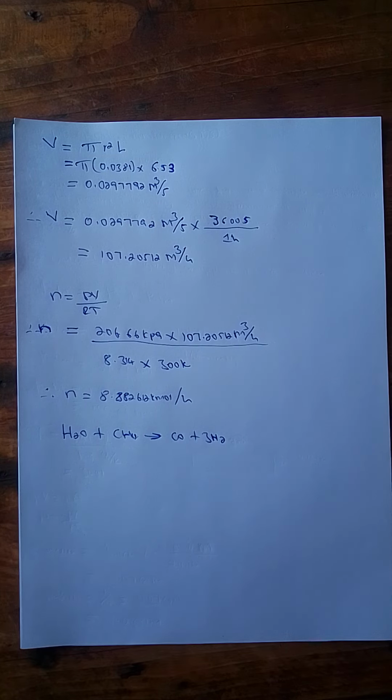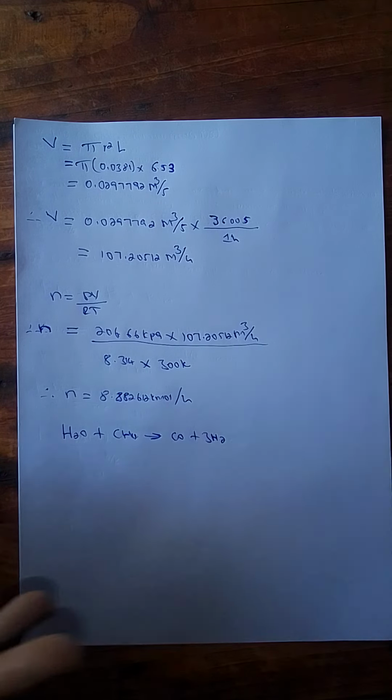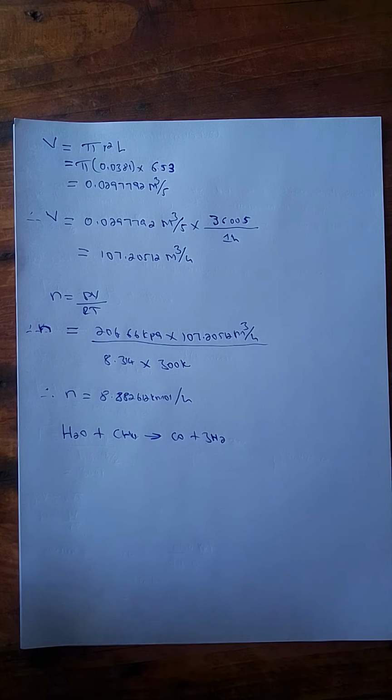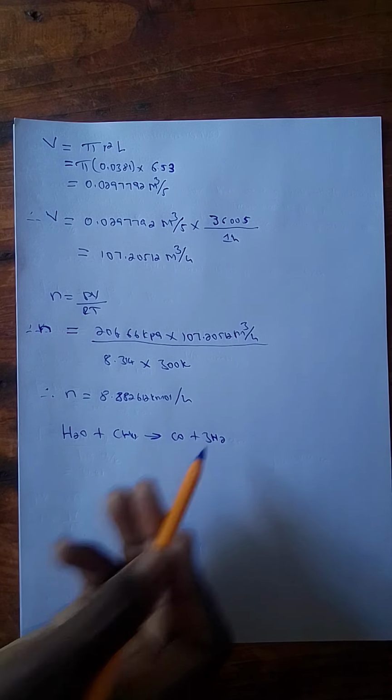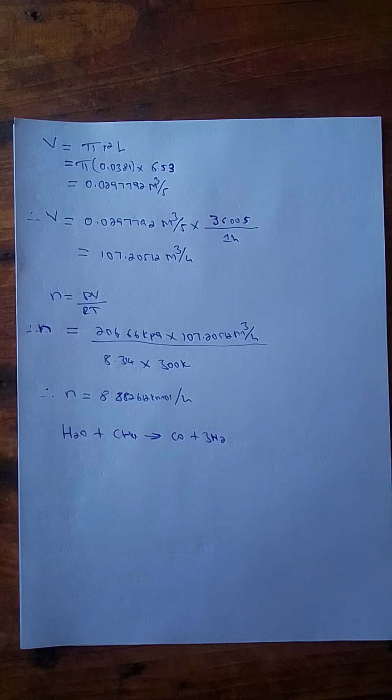So an easy approach to solve this is that we're going to need to find how much. Remember, at this moment we know what was in the feed gas. We know how much of H2O was there, we know how much of CH4 was there, right? And obviously there wasn't CO, and there was also no hydrogen.